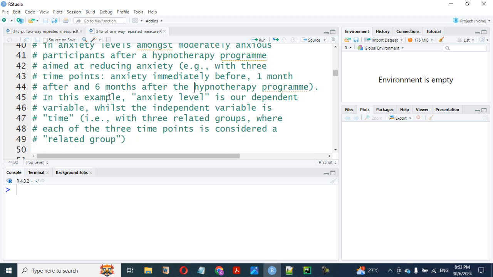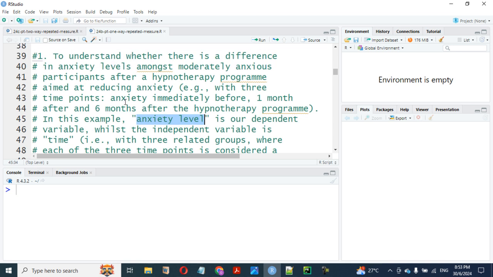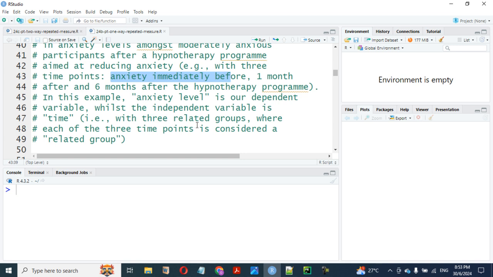So in this case, anxiety level is our dependent variable. You remember that anxiety level is the numeric variable that we are using to measure. While the independent variable is time, which has three related groups, where each of the 3 time points is considered a related group.